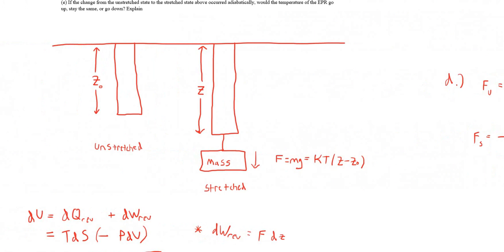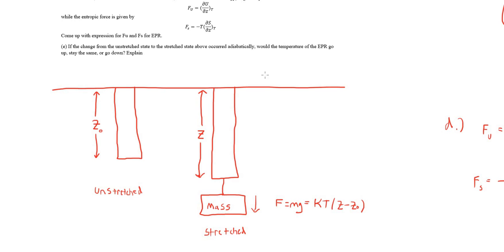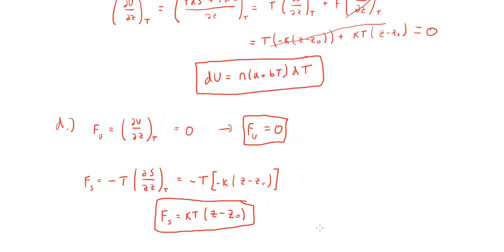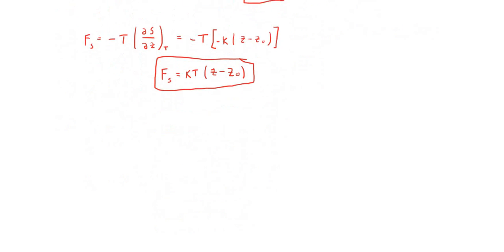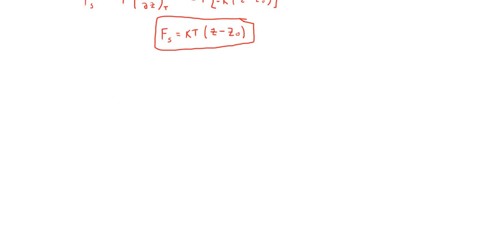Now for the last part, part E, it asks if the change from the unstretched state to the stretched state occurs adiabatically, would the temperature of the EPR go up, stay the same, or go down? Intuitively we can already answer that the temperature would increase, but we can also back this up with the first law.